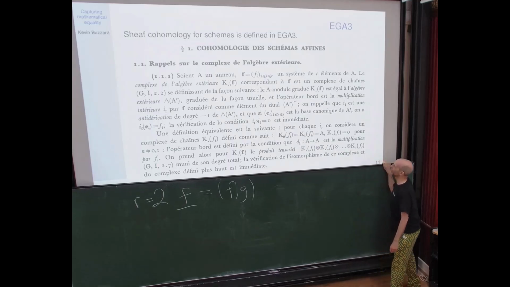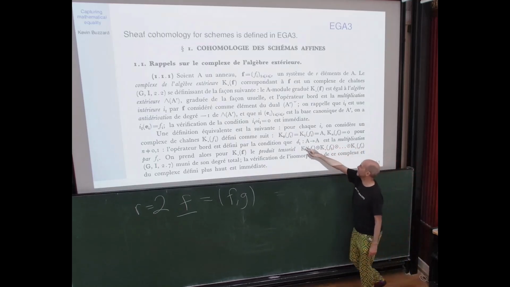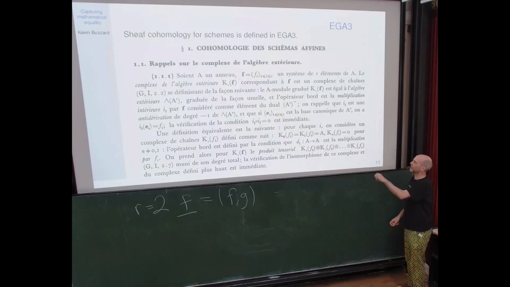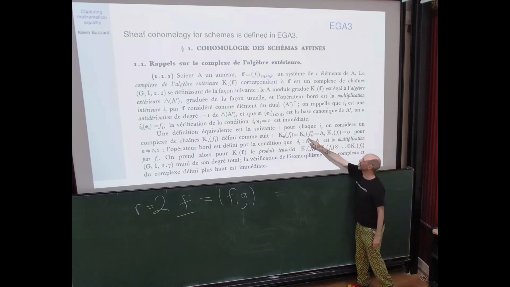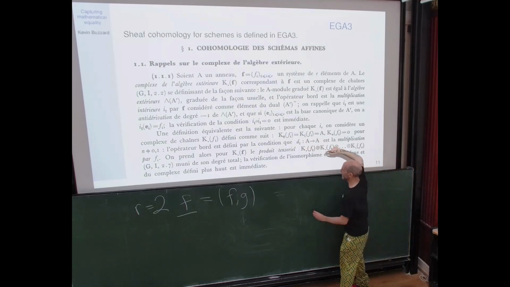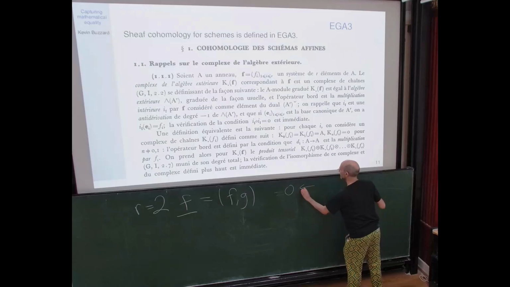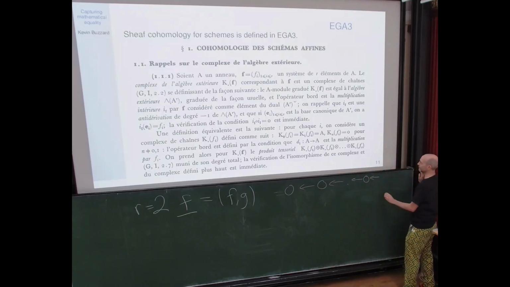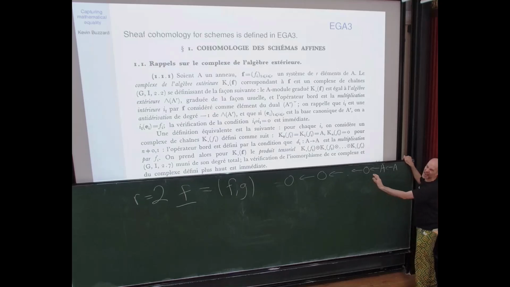What's going on on this page is that they define a complex: lots and lots of maps between abelian groups, and if you do two consecutive maps, you get 0. So here's a complex, and it's lots and lots of zeros there, and then there's an A and an A. A can just be the reals. If you don't know what a ring is, A is the real numbers, right?